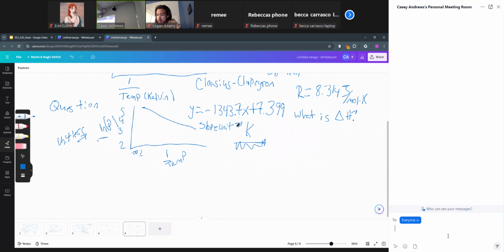And so you want to rearrange this equation properly. That equals the negative calculation. So we don't know that. That's what we're trying to figure out.